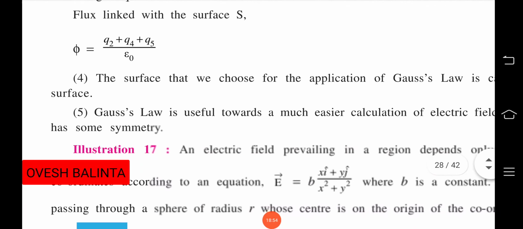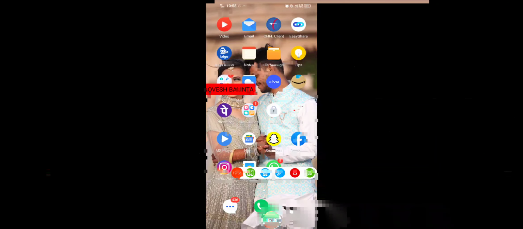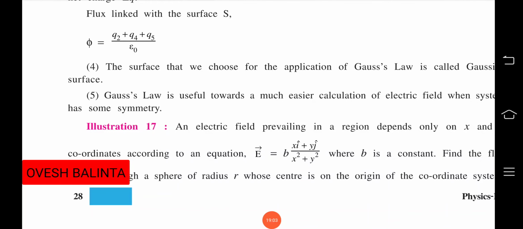Now Gauss law is useful for much easier calculation of the electric field when the system has some symmetry.